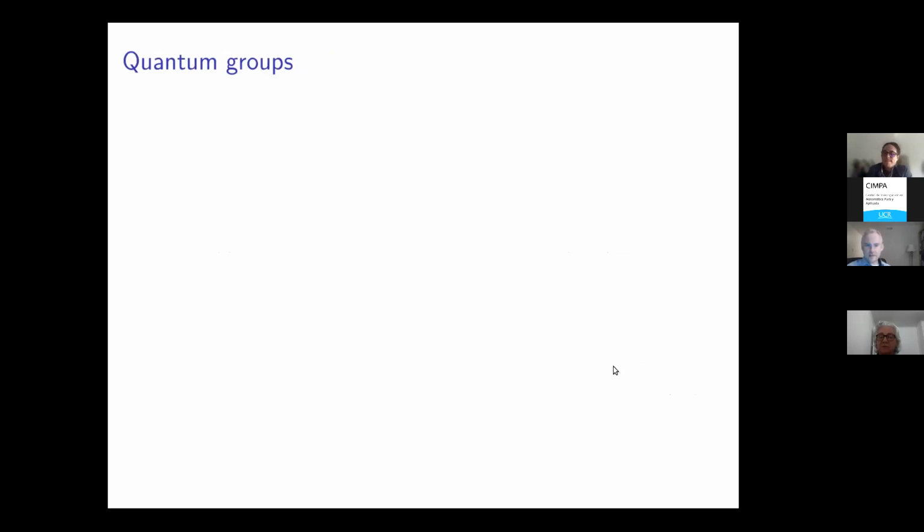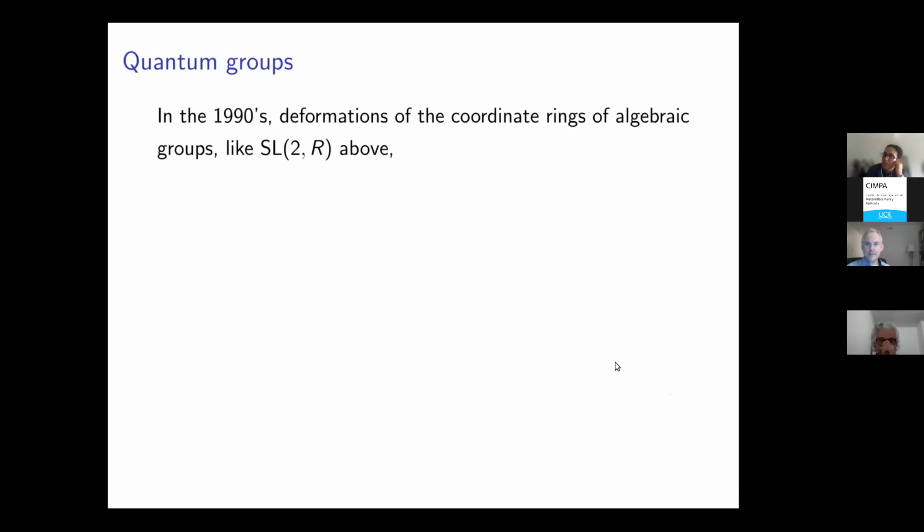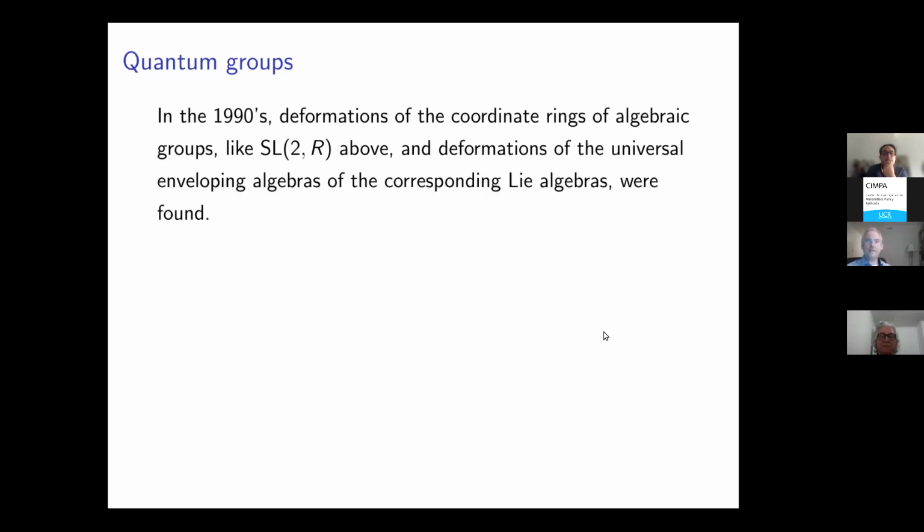So that was what was happening in the 70s and 80s, and then in the 90s, deformations of the coordinate rings of linear algebraic groups like SL2(R), which I've just described, appeared. There were also deformations of the universal enveloping algebras of the corresponding Lie algebras.